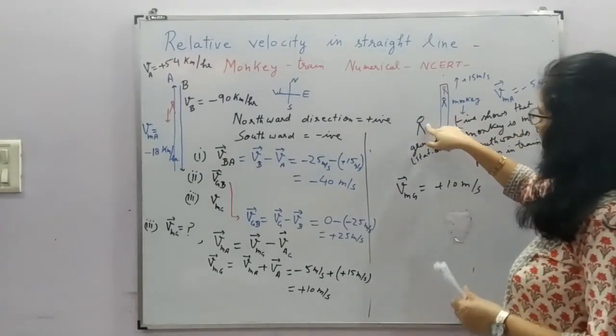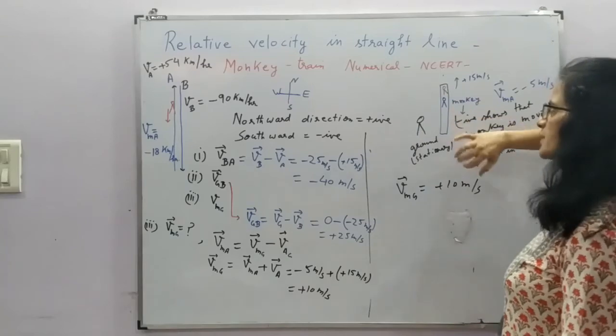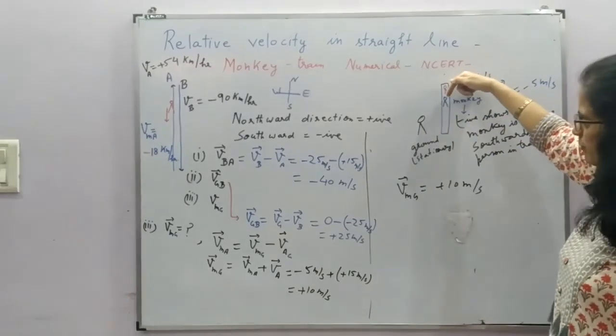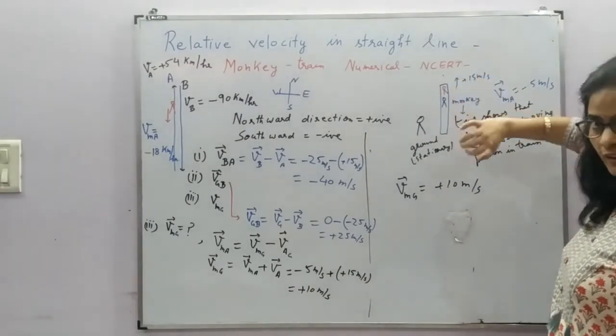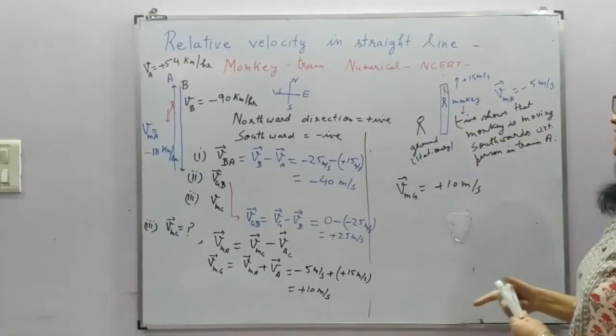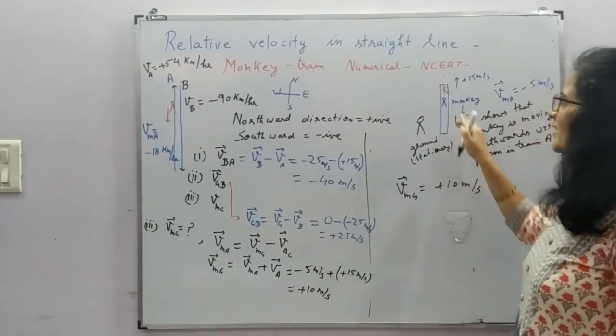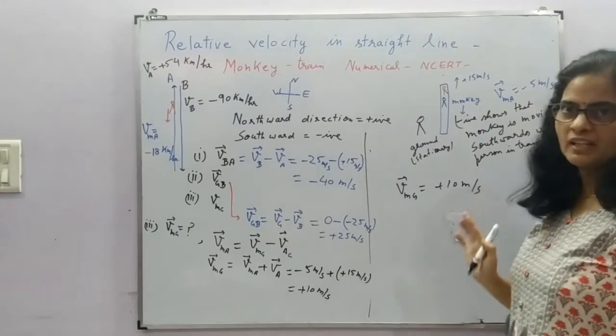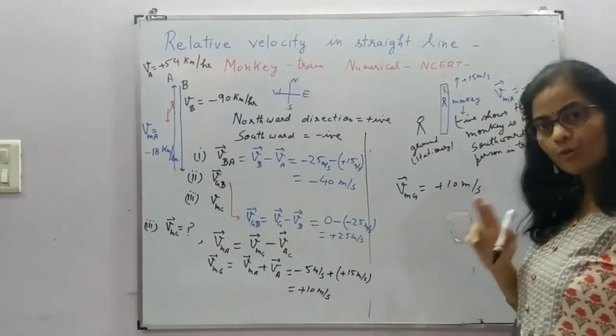So this person will feel overall the train is moving northwards. The monkey, though moving on the train, is also moving along with the train. So this person feels that the monkey is moving northwards ultimately. Overall the monkey is moving towards north along with the train.